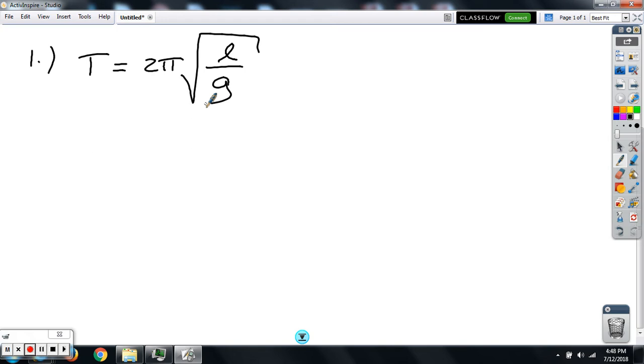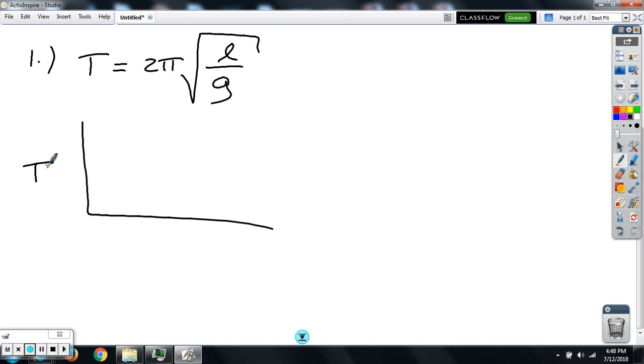But let's take a look at what type of graph you would get by graphing certain quantities here. So let's put T on the vertical axis.